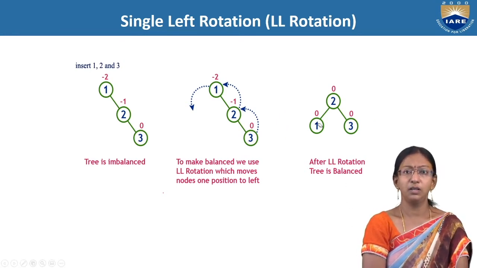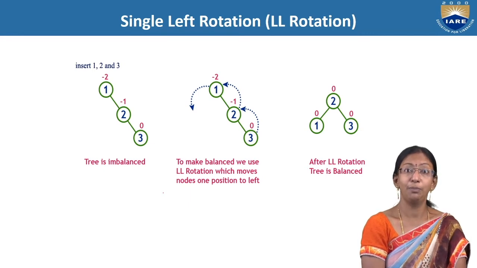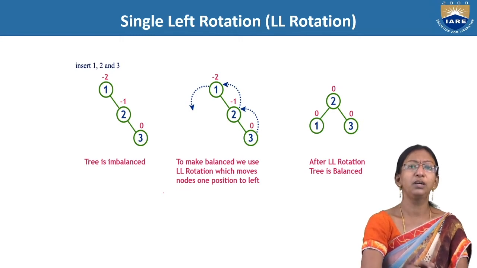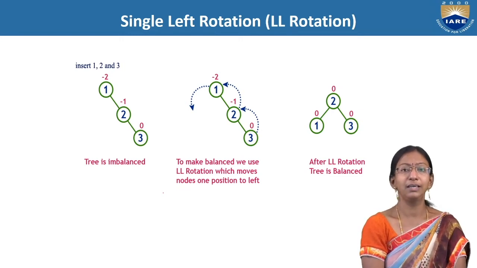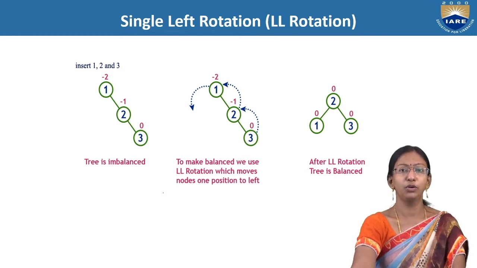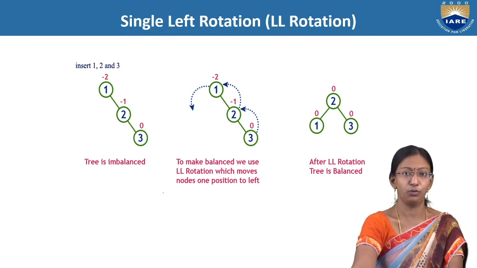You'll get all zeros because it is a well balanced one. Please keep this in mind and have a look. Even after rotation, we didn't violate the property of BST. Left hand children are lesser than the root, right are greater than the root. So this is the story of single left rotation.